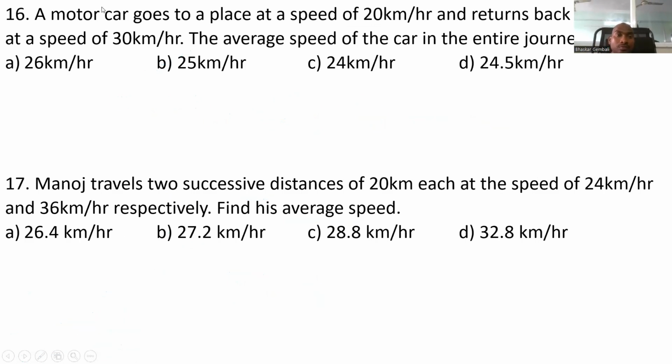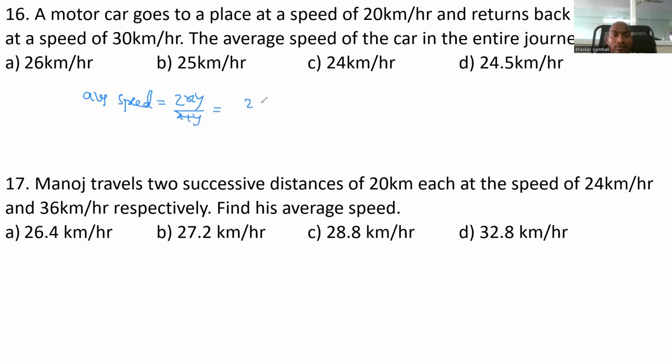Next question. A motor car goes to a place at a speed of 20 km per hour and returns back from there at a speed of 30 km per hour. The average speed of the car in the entire journey? This is the same model. Whenever it is going and coming back, the average speed will always be 2xy by x plus y.